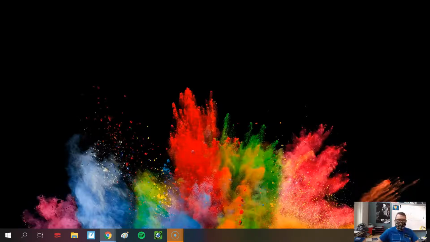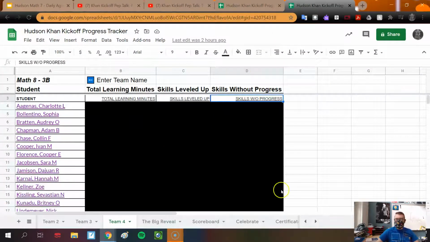So what we are going to do is each week, week by week, we will plug all of your data into Khan Academy. Now, I am going to change how this works starting next week, so listen to what we're saying and then realize this is going to turn into blue versus green. This is going to turn into Math 8 blue versus Math 8 green.